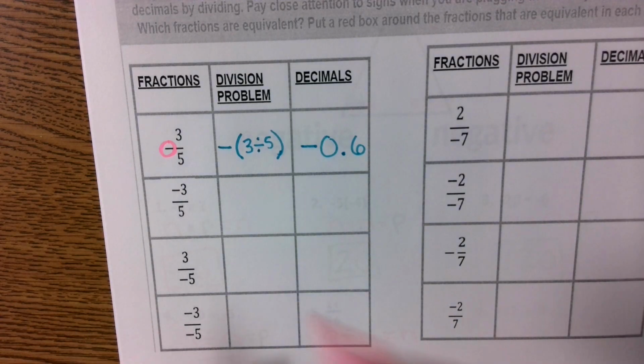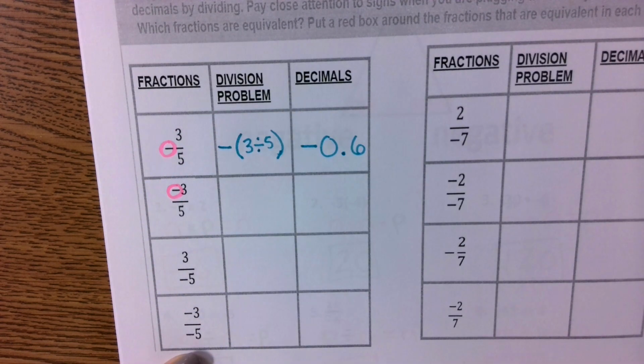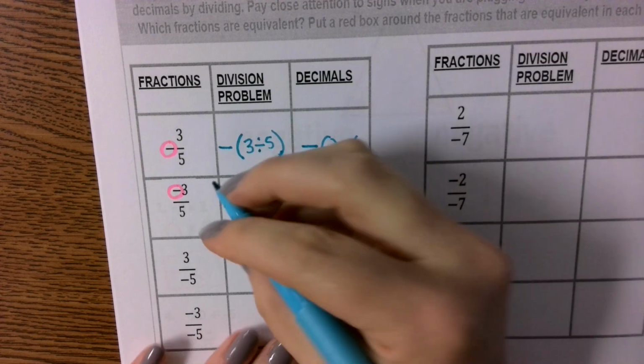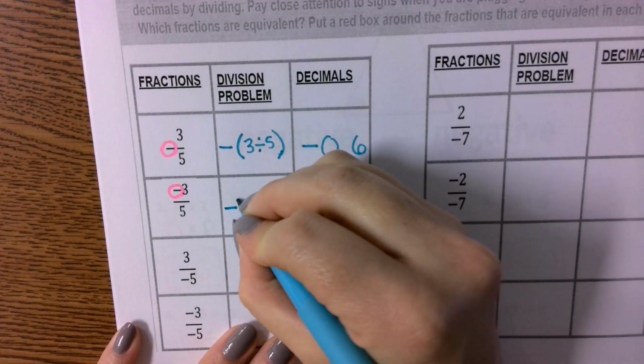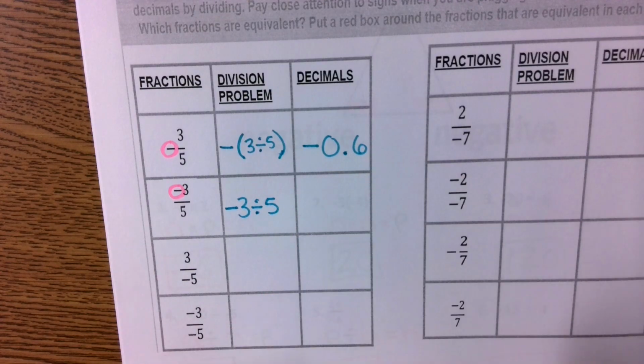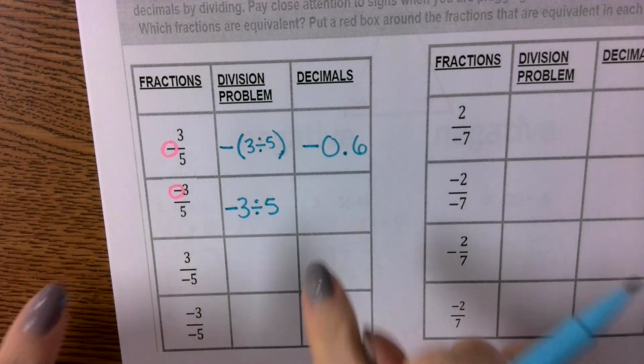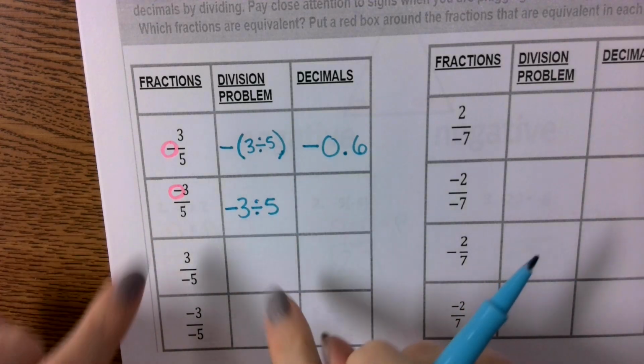Now, if we take a look at the second one, this time I do have the negative sign attached to one of the numbers. It's a negative 3 over a positive 5. So when I write the division problem, I would write it as negative 3 divided by 5. Boys, you're going to have a test question just like this next week. You want to make sure you know how to do this.